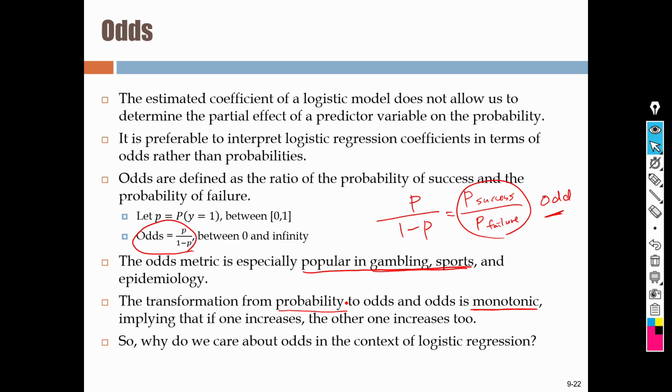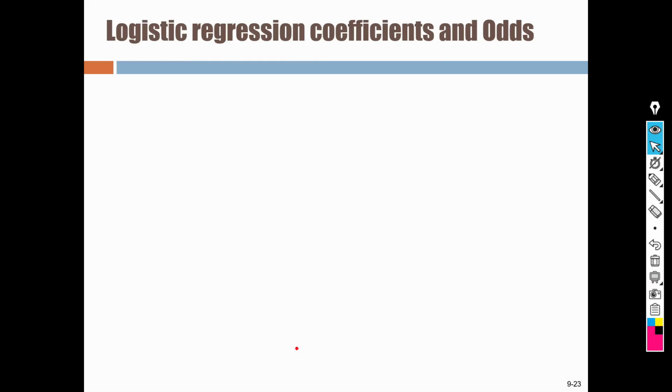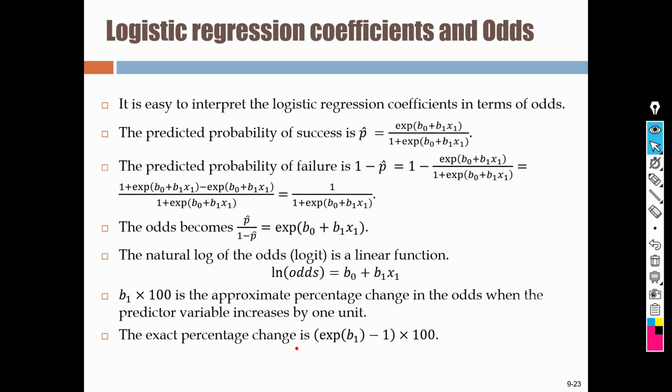And also why we care about odds, why we bring it into the logistic regression, is because of this. If we use a probability p here, 1 minus p will be written down like this, right? And then this 1 will change to 1 plus the exponential term, minus the exponential, right?